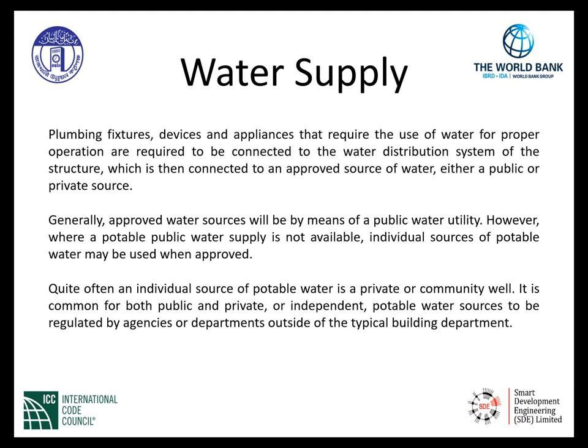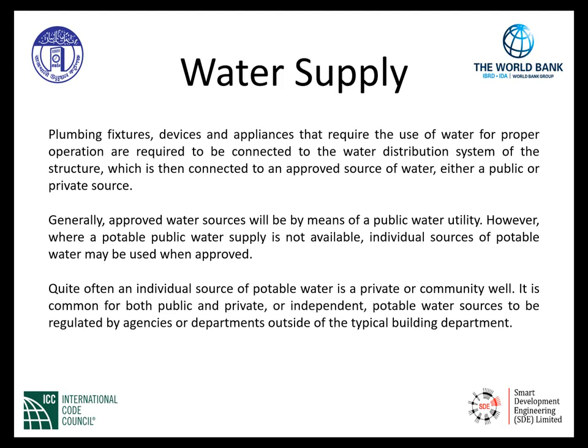Generally approved water sources may be by means of public water utility. However, where potable public water supply is not available, individual sources of potable water may be used when approved.